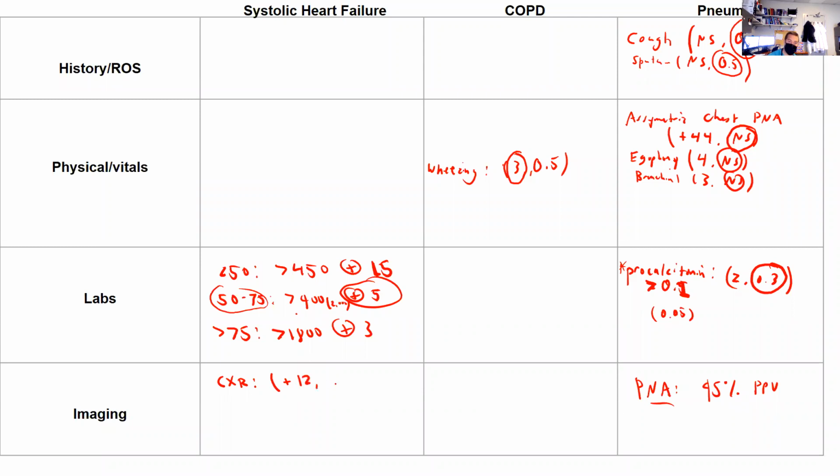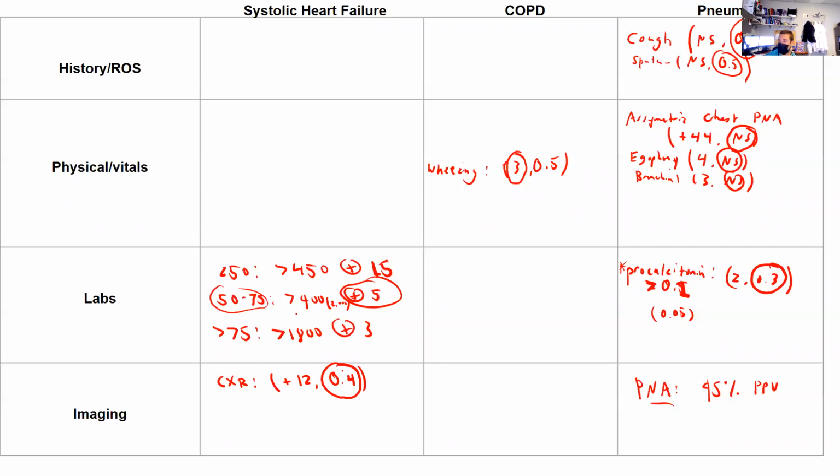The negative is about 0.4. They did not call any interstitial edema or any signs of heart failure on this patient. So they had a negative likelihood ratio of 0.4 for heart failure.